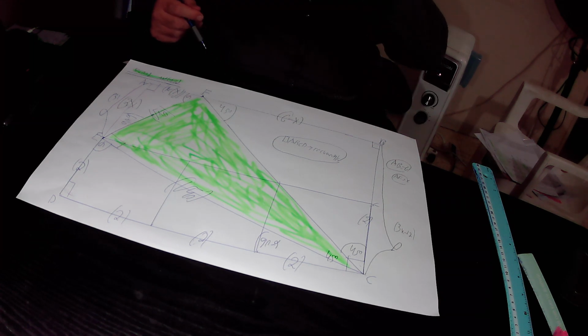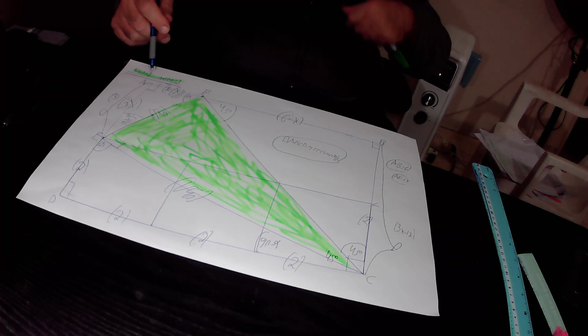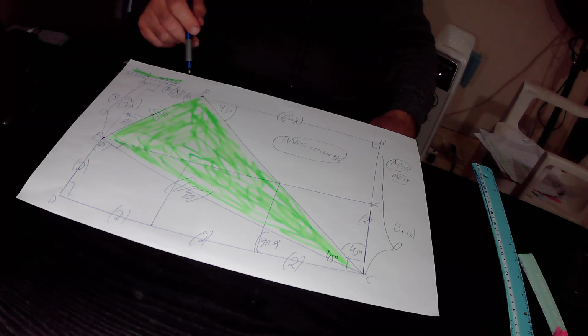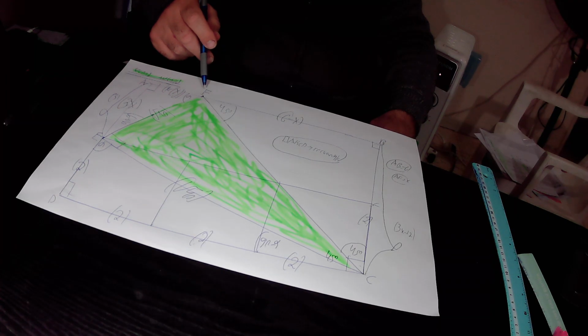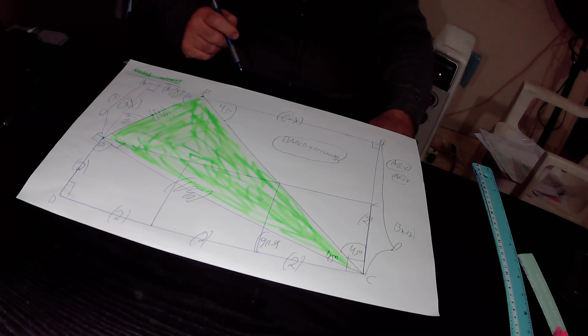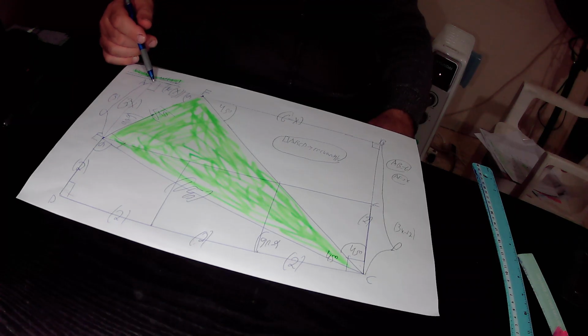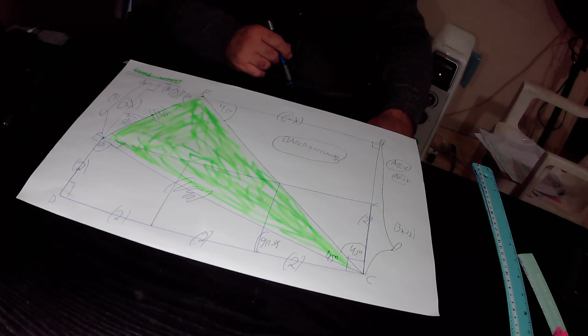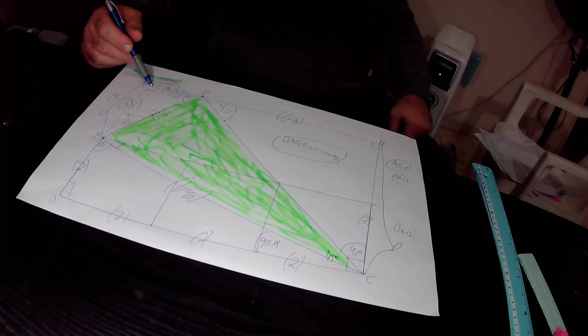We constructed a perpendicular on AD in such a way that it passes through point F, that is the vertex of this green rectangle EFC. So this angle equals 90 degrees according to our construction.